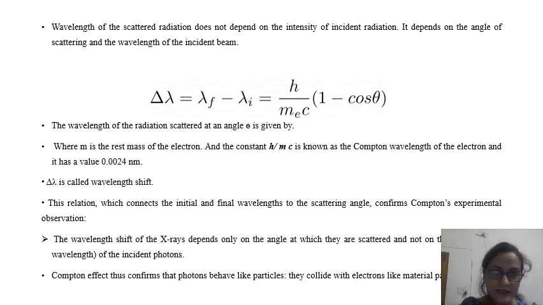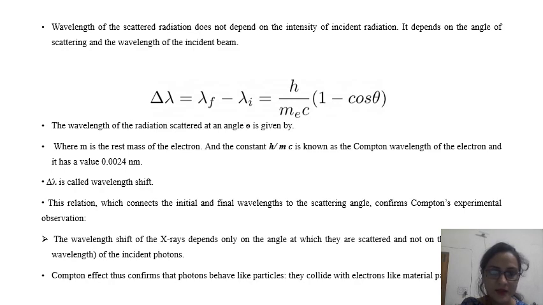Delta lambda is called the wavelength shift, meaning the difference between the initial wavelength and the final wavelength.